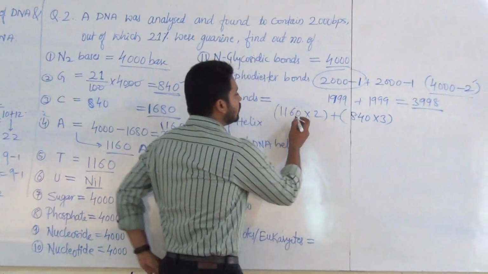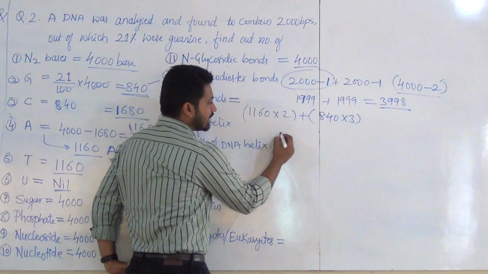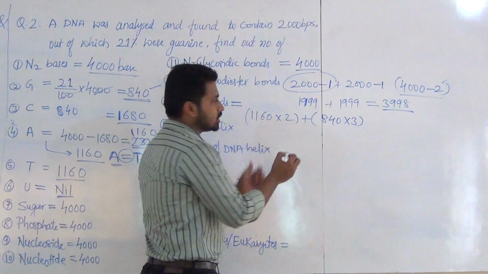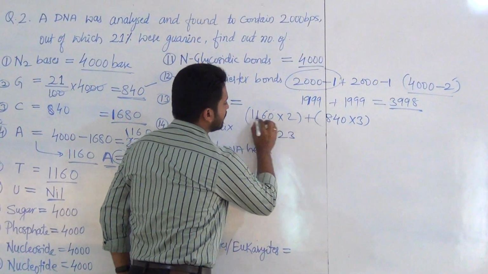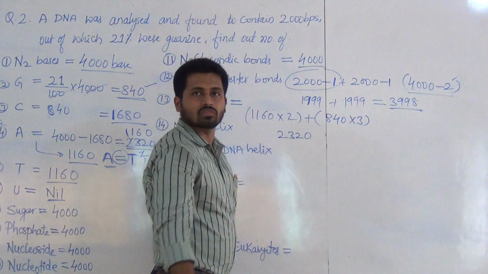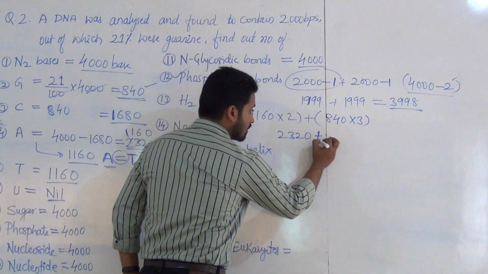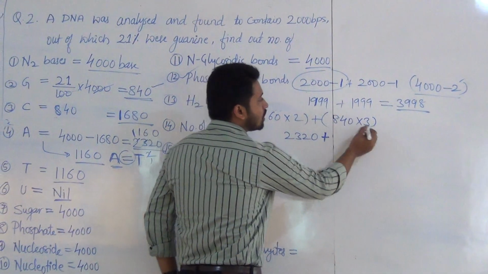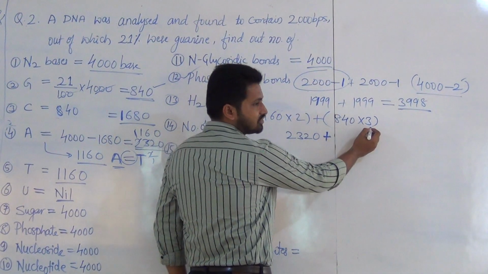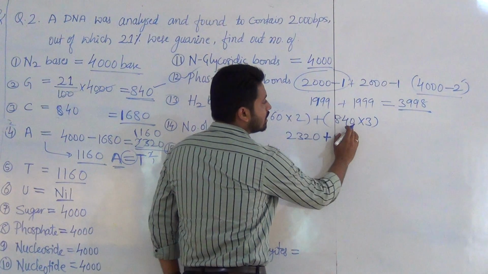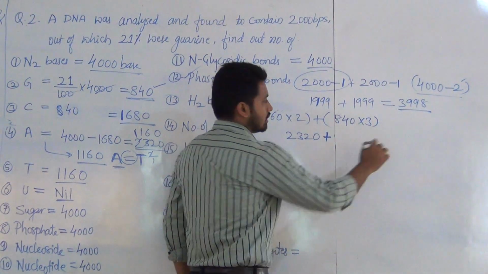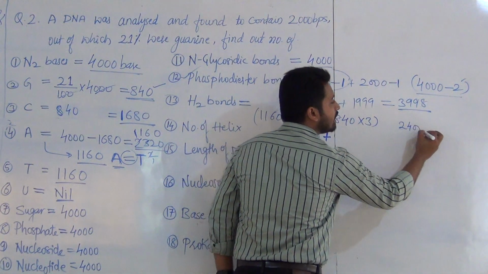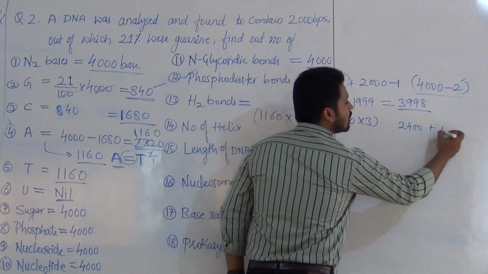Now what will be the value here? It will be double, that is double again. Totally, how much is the value here? Okay, total 2320, plus, because into 2 we are calculating it. Plus here, what will it give? 840 into 3, I will write here separately. 8 into 3, that is 2400, plus this 40 into 3, 120.